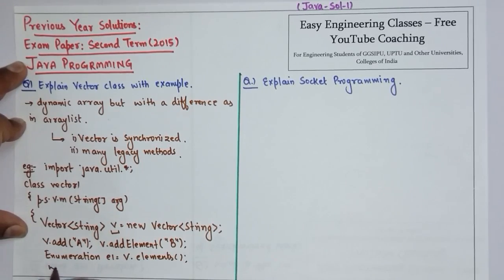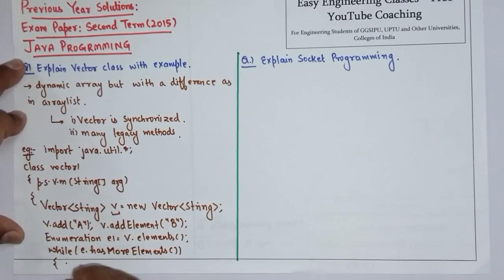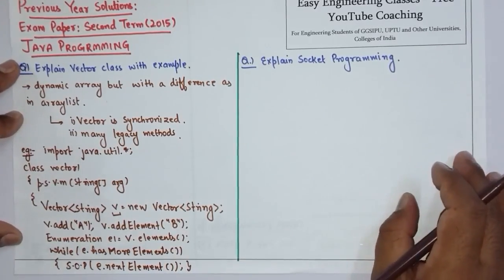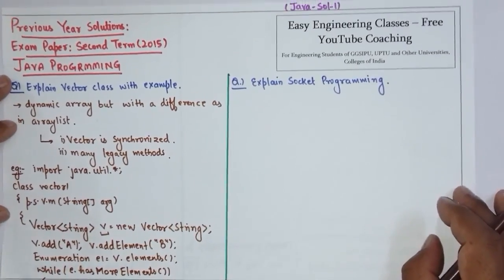Then while e.hasMoreElements, System.out.println e.nextElement. So this is the basic example of using vector class.